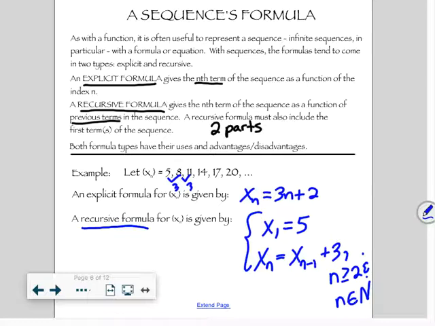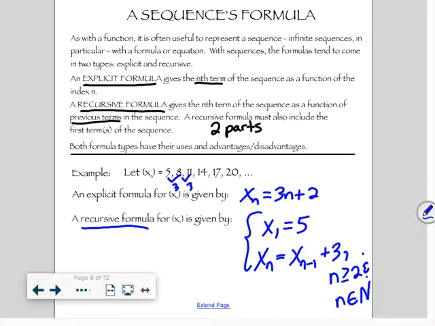So let me go over this again, because I know this is new. So this says little n, which is our subscript. This looks like a little e. It's like a sideways e, is an element of, and the capital N stands for the natural numbers. How many of you saw the little e thing last year? My students did. Okay. All right, so then it's new for the rest of you.